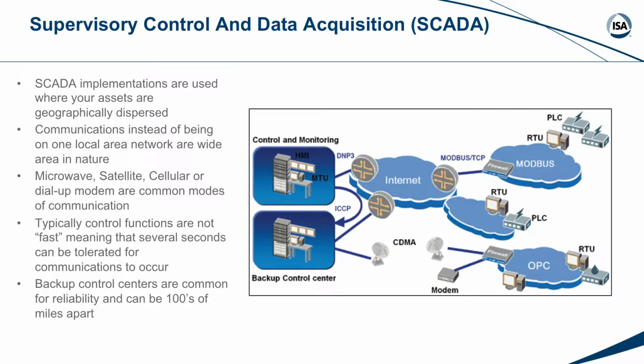Typically, the descriptor that I like to use is that these are systems that have large geographic installations. Think things like the electrical grid, think things like pipelines. If you have a pipeline installation, every X number of miles you've got a compressor station or a pumping station.